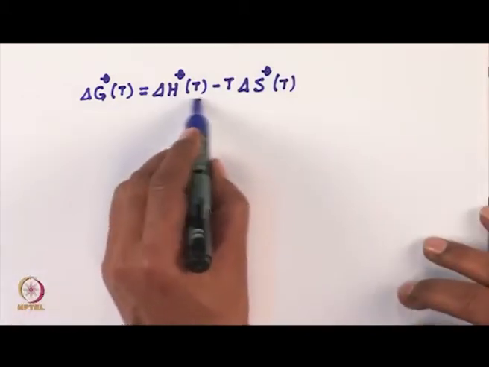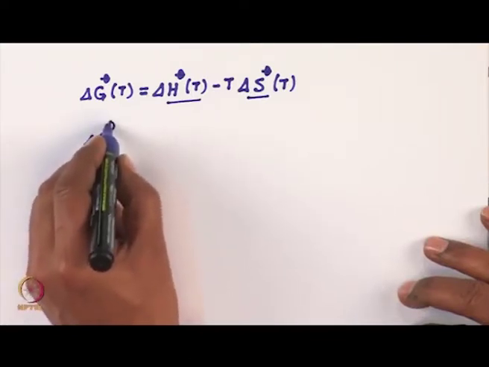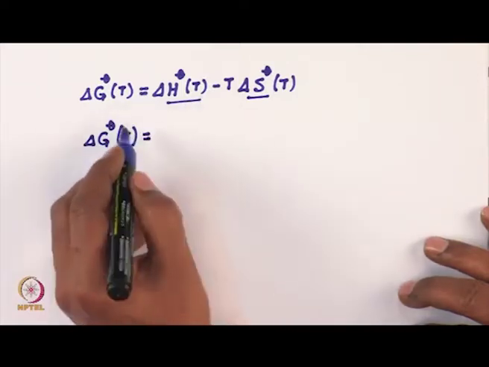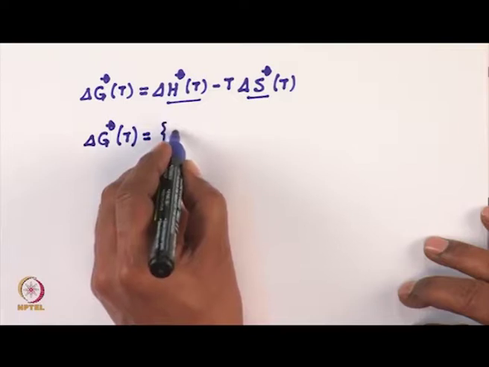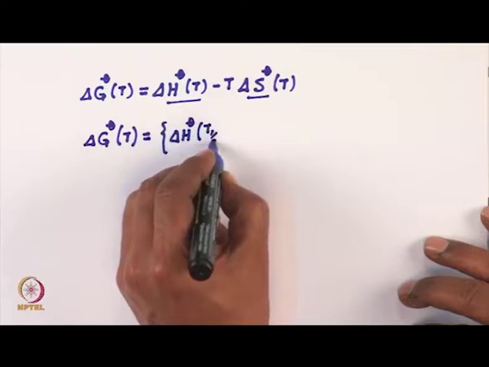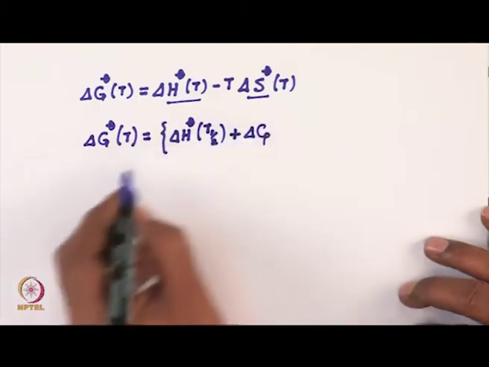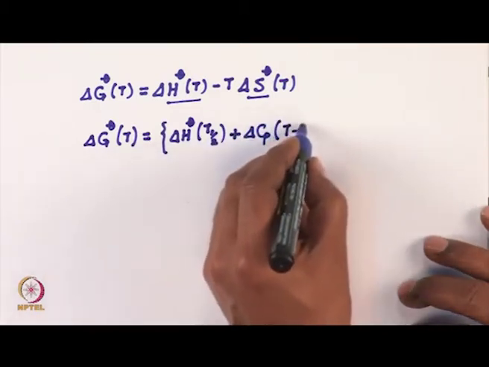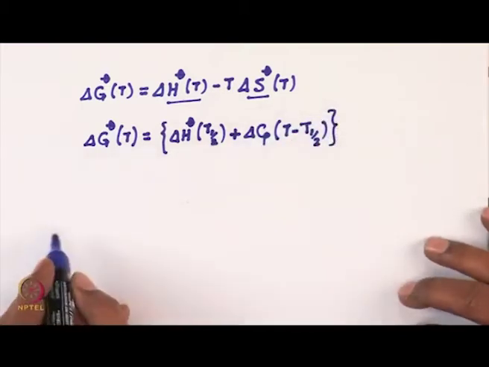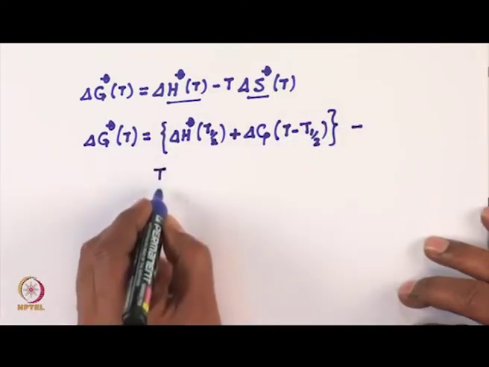Now I will substitute for delta H and delta S. So delta G naught at any temperature will be equal to delta H naught at T half plus delta Cp into T minus T half, this is delta H naught, minus T times delta S naught.